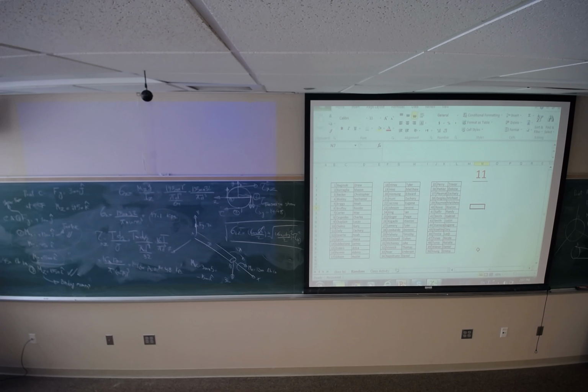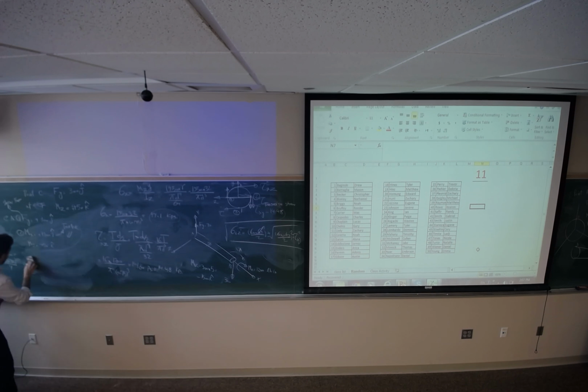Tau max transverse for a circular cross section is 3/2 V divided by A. Force is 300 divided by area, pi times 0.75 squared divided by 4, giving 0.0905 ksi.